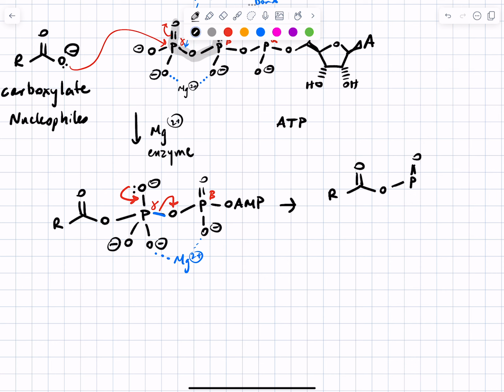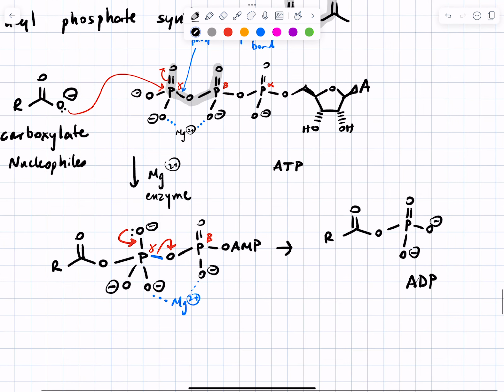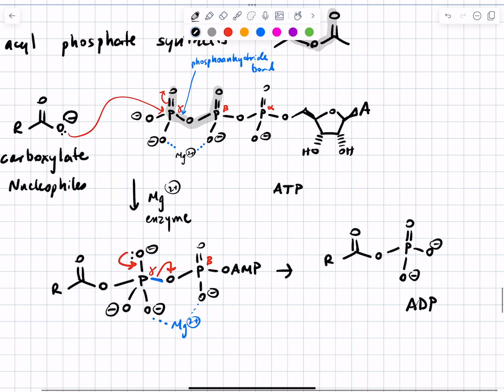One of the things I want you to get from this is a sense for how easy versus difficult this reaction is to occur. Notice that above we had a phosphoanhydride bond that I highlighted here. That's the bond that we're breaking in the key mechanistic step.